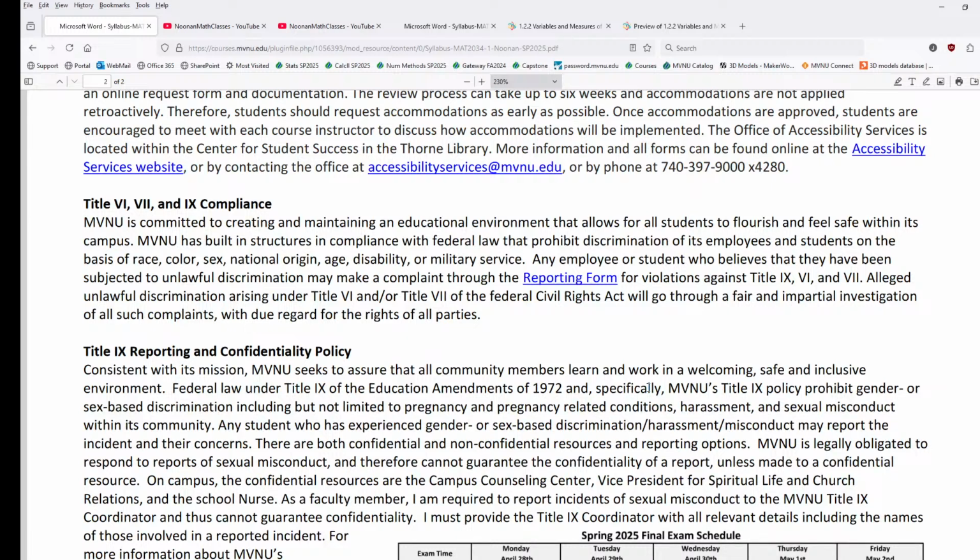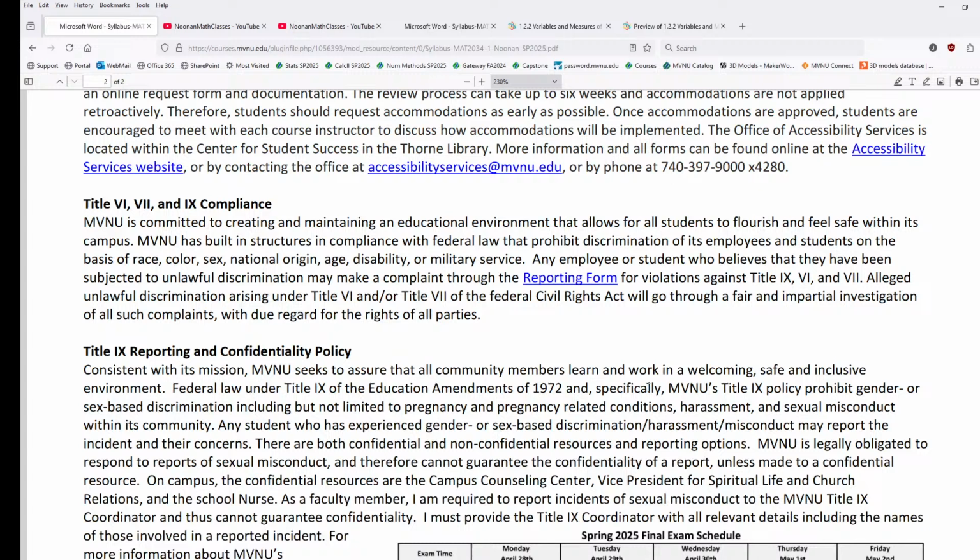One note, though, which is quite lengthy. By the way, all of this is boilerplate that I was given, all of these statements. So this should be in every one of your syllabi. It is a pretty long description of the fact that as far as Title IX goes, faculty and staff at MVNU are federally mandated to report anything that we hear.